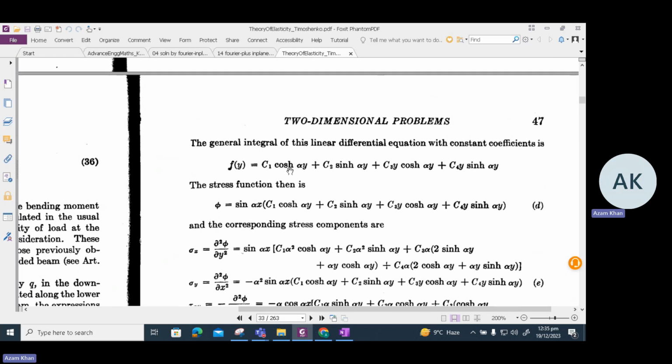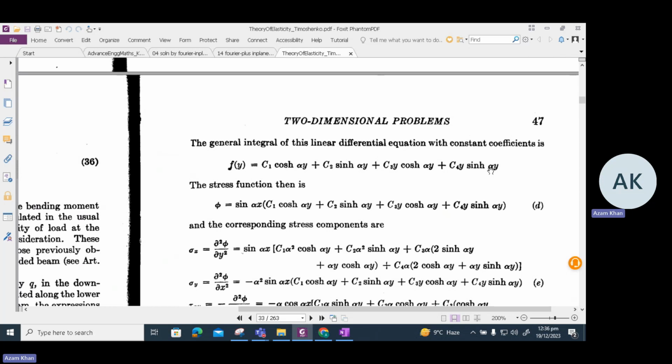C1 cosh alpha y is an even function. C2 sinh alpha y individually is an odd function. C3 y cosh alpha y is an odd function, and C4 y sinh alpha y is again an even function.